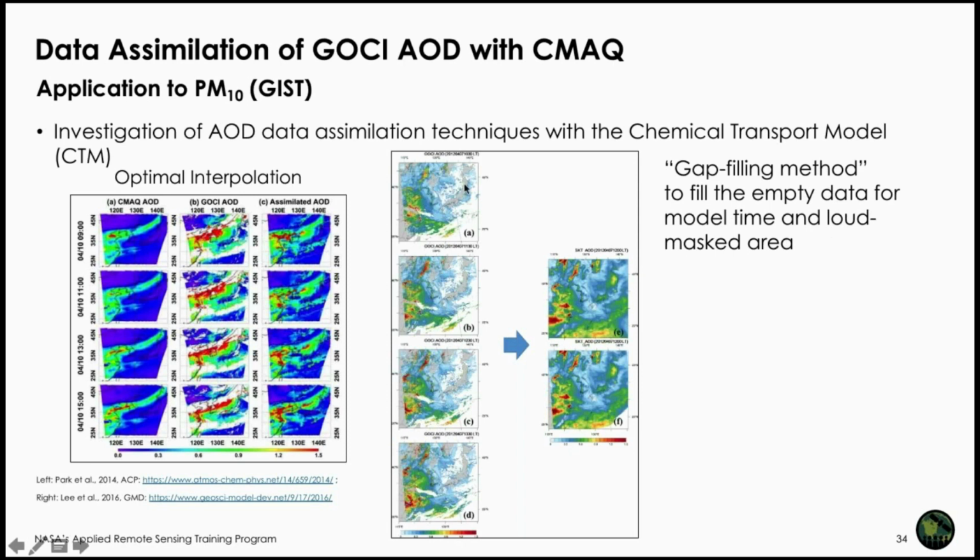We can get the hourly GOCI AOD product over each hour in cloud-free areas, but the model generates AOD also in cloud areas. So to combine them, this gap filling method makes a continuous AOD plume based on statistical approaches. Several of these integration developments are used in real air quality forecasting and assimilation studies in Korea.